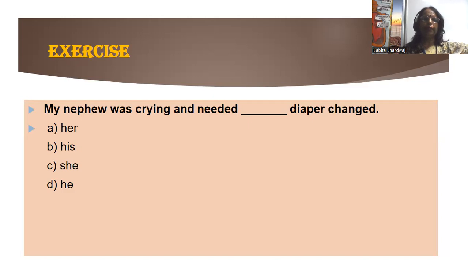By fitting any of the options given over here, you can just see the correct answer. Her will not go with nephew. His, yes, it will. If we see she, again it will not correspond with this nephew, and he is again not fitting in the sentence. So the correct answer is his.